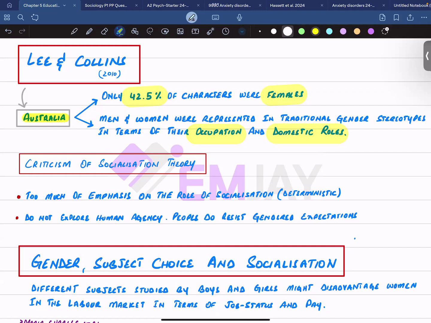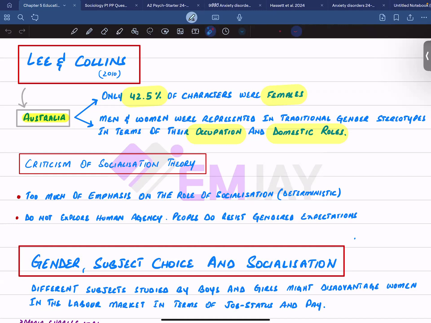What Lee and Collins found out was that only 42.5% of the characters used in those textbooks were females, and that both men and women were represented in traditional gender stereotypes in terms of their occupation as well as their domestic roles.